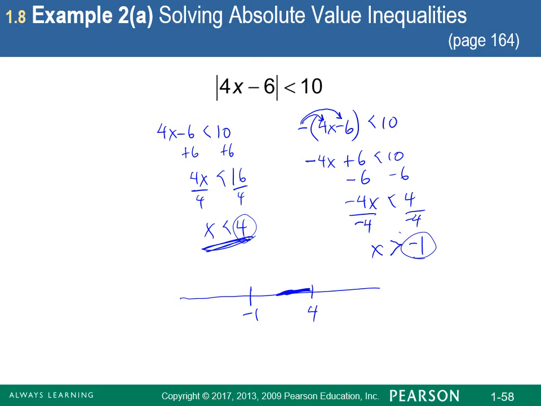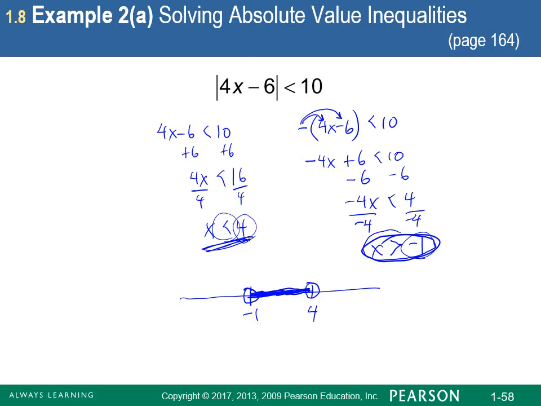And here it says I need to shade to the right of negative 1. So there would be the shading. Since the symbols do not have the line under it, there would be open circles at the -1 and the 4.